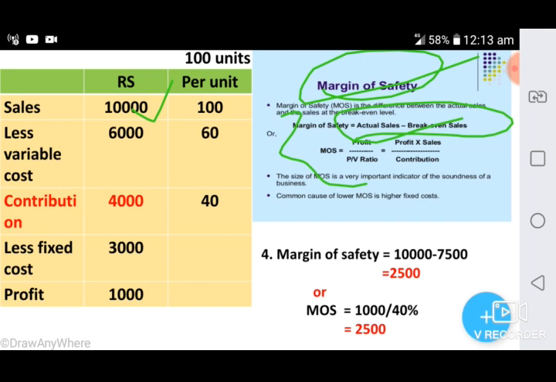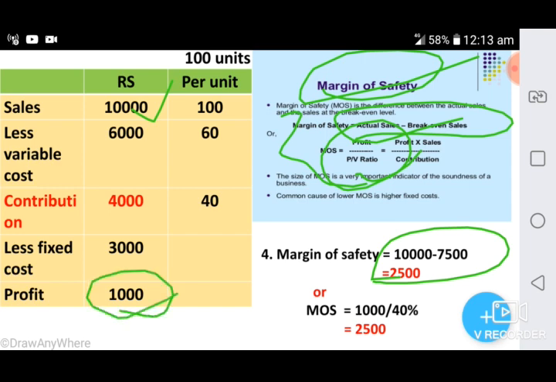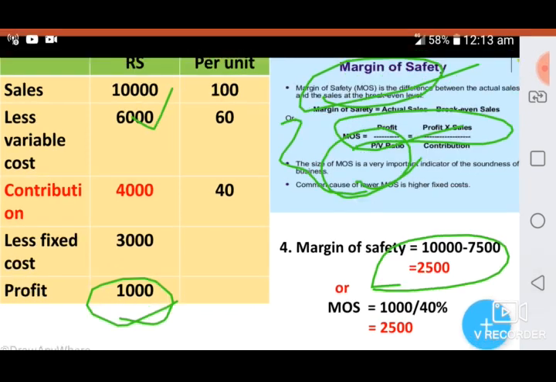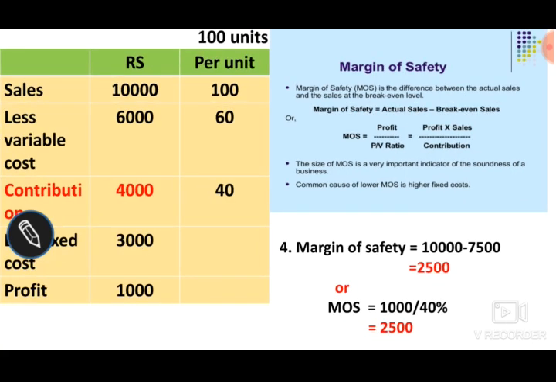So our margin of safety equals 2,500. And also another equation, profit divided by PV ratio. Here profit is 1,000 divided by PV ratio 40%. Same answer, 2,500. These two equations can be applied: actual sales minus break-even sales, or profit divided by PV ratio.